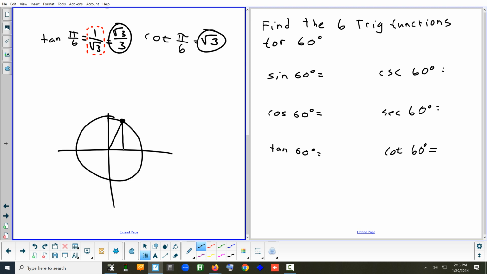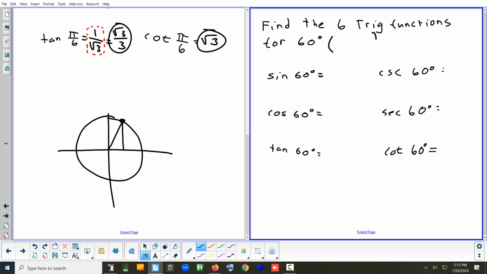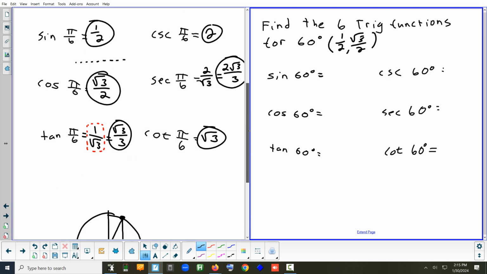What did you get for the coordinate for 60? 1/2, square root 3 over 2. And now we can fill them all in.